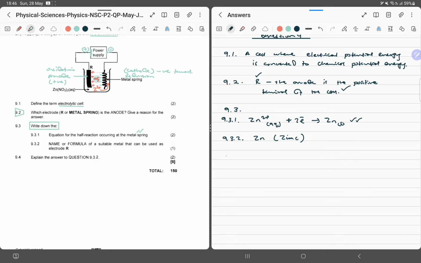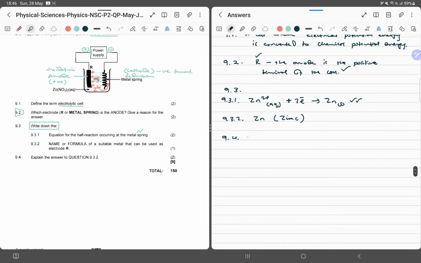And then it says at 9.4, explain the answer to that question. Well, we'll say that it will provide the zinc ions needed. And what else?